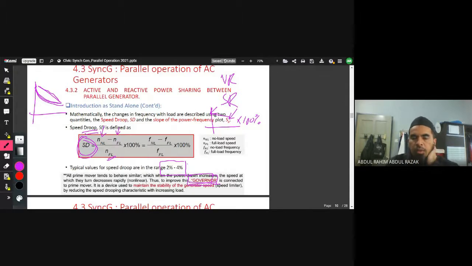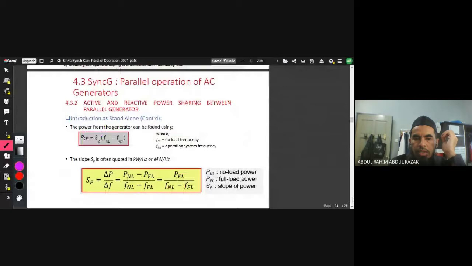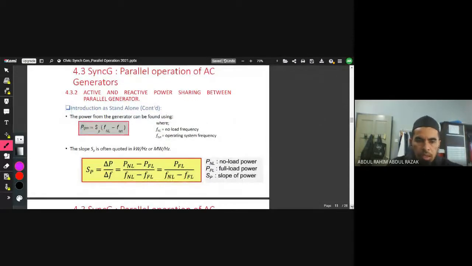Okay, that's the speed drop. Then the power generated from the generator system can be defined as P generator equals S_P times the frequency at no load minus the frequency of the system.